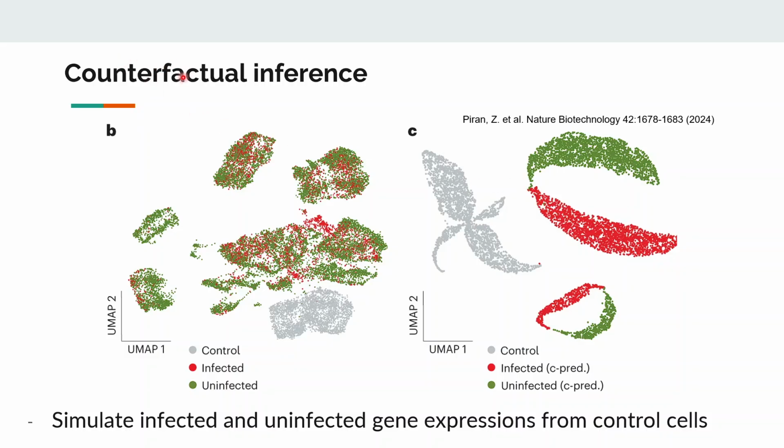This is called counterfactual inference, because it's a what-if analysis of something that didn't really happen. We try to think about what the data would look like if these cells were experimented upon.